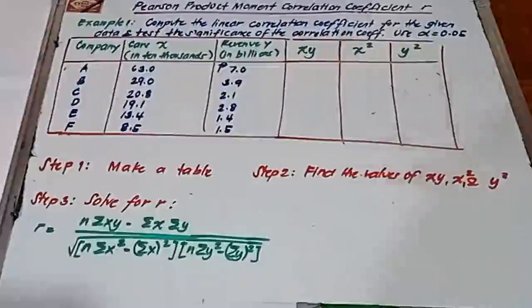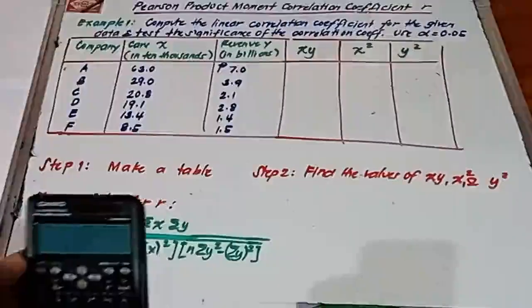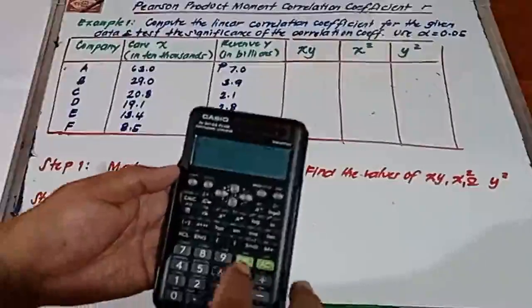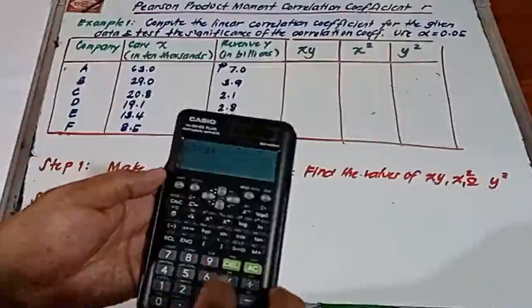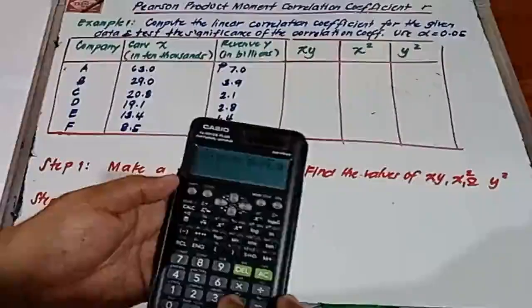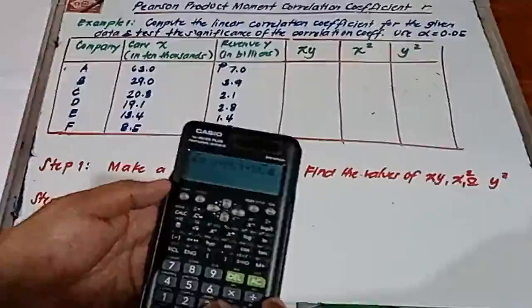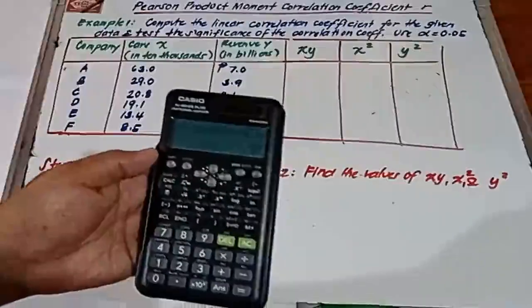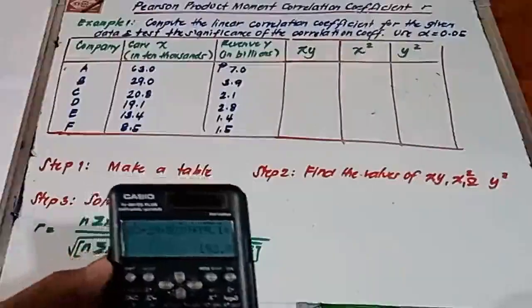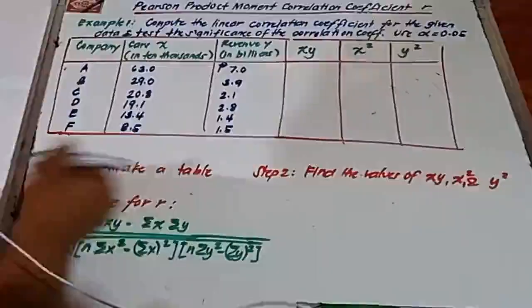Okay? So, gamit yung ating scientific calculator, ito muna ang summation of x ang kunin natin. That is 63 plus 29 plus 20.8 plus 19.1 plus 13.4 plus 8.5. The summation of x is 153.8.